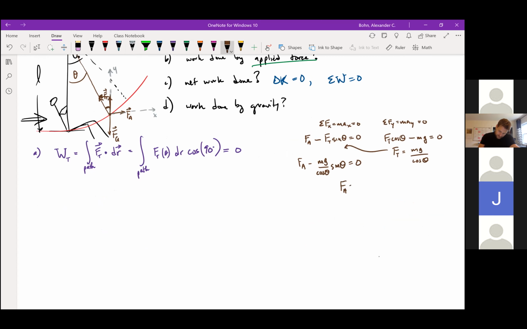The applied force then is equal to mg tangent theta. That's the magnitude of the horizontal force that we need to stay in arguable equilibrium the whole way. As theta increases, so does this force, and we just adjust with it.